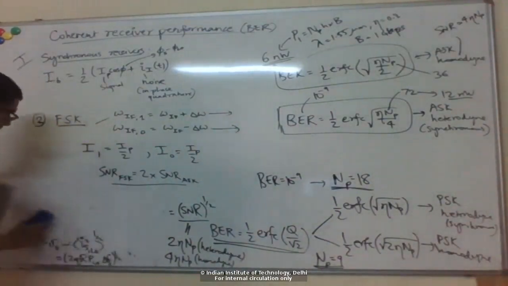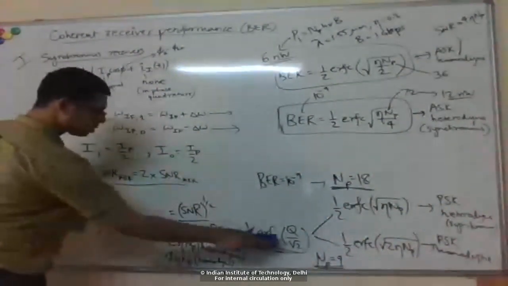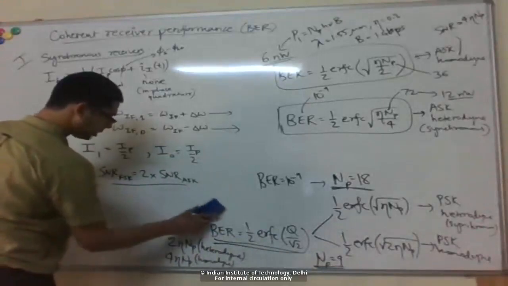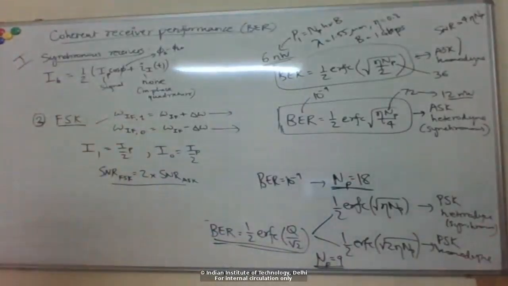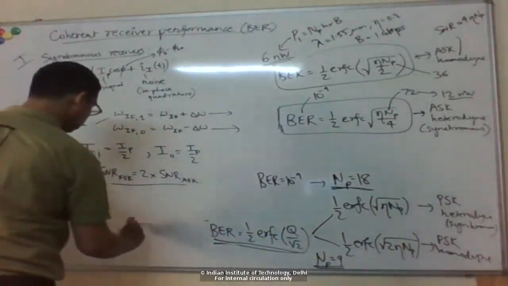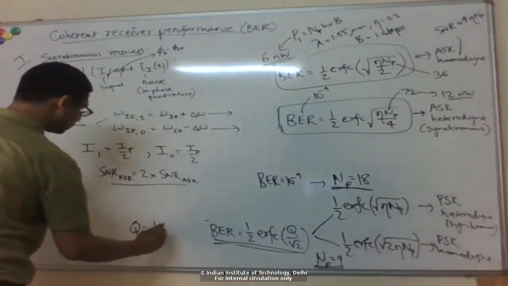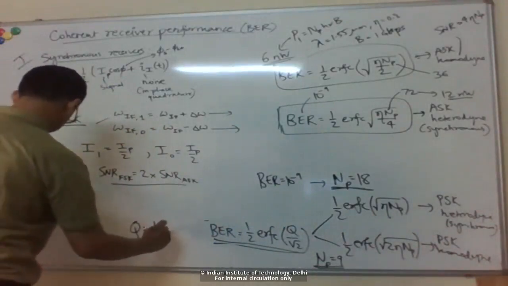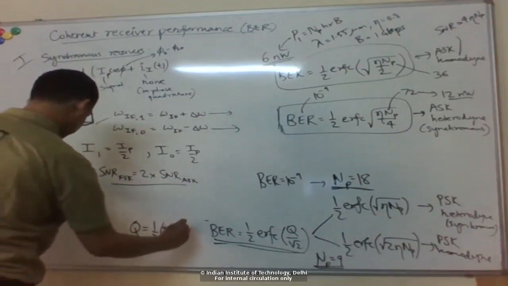But we can use the same formula here to find the BER if we relate the Q to the SNR for ASK. Right, like that.